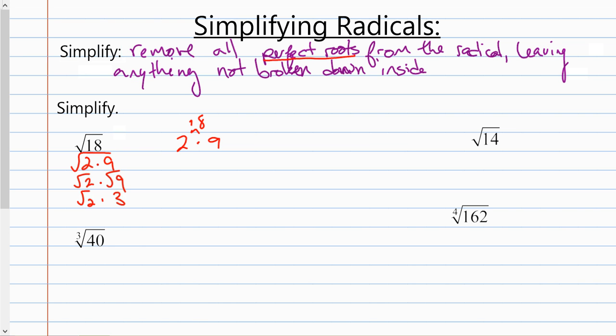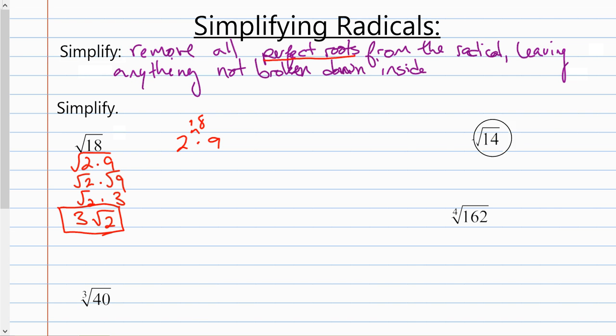And then convention has us write the square root last, because this could be ambiguous. Is the 3 under the radical with the 2 or not? Sometimes it's hard to see, so we like to write the radical last, and that would be our final answer for that problem.